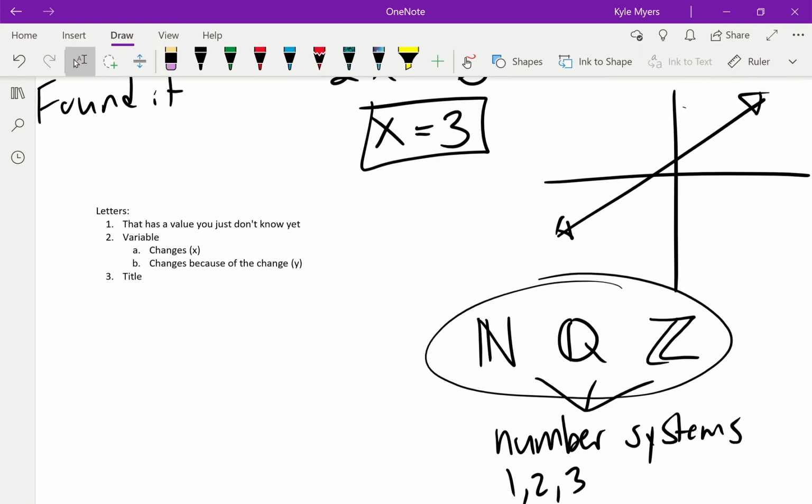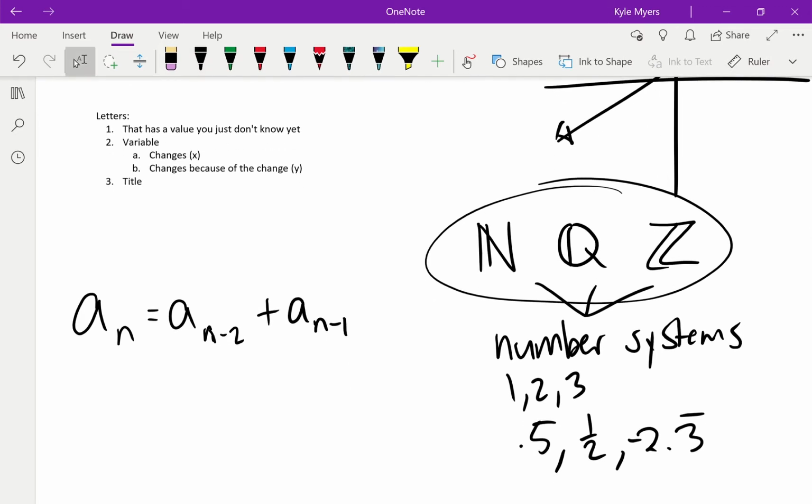Those are titles. Another title might be for a system, especially if I have a recursive system. You might have heard of something called Fibonacci numbers, right? So a n, just bear with me here, equals a n minus 2 plus a n minus 1.